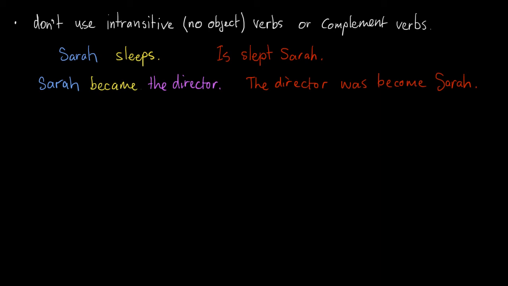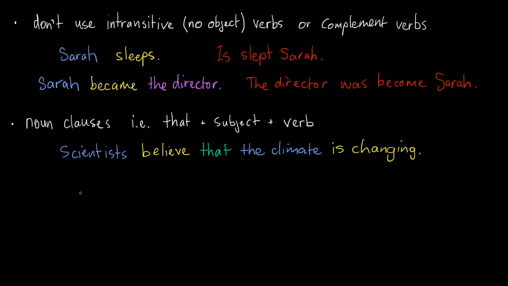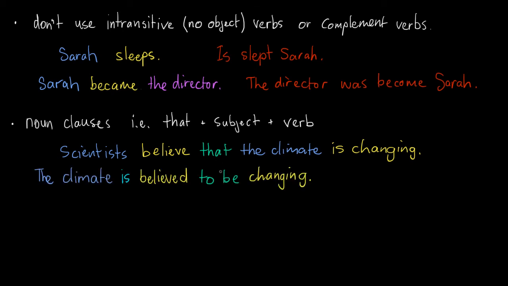Let's look at just another couple of small details, and we have noun clauses. So whenever you want to turn a noun clause, which is when you get that followed by subject and verb, let's read this first. Scientists believe that the climate is changing. Let's see what happens when it becomes passive. That essentially becomes 2 plus be.